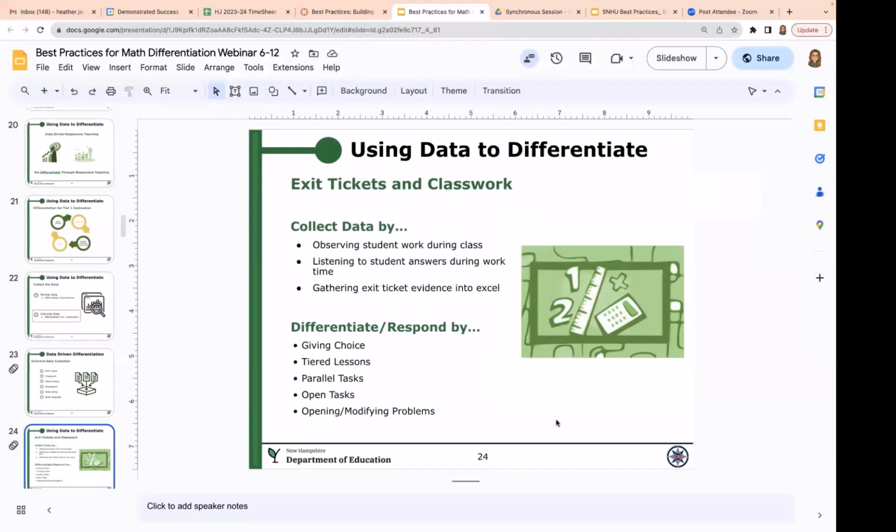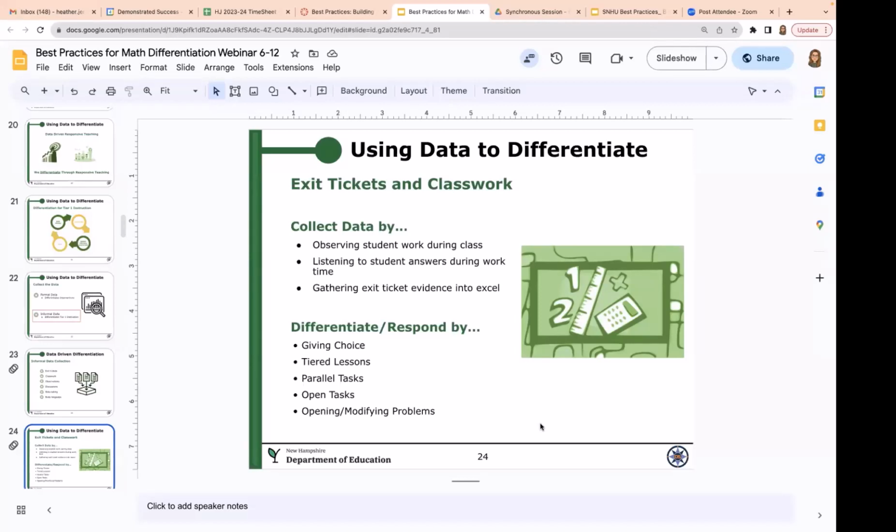Okay. So when we collect data through exit tickets and classwork, what we're doing is observing the work that students are doing, how they're solving a problem, how they're answering questions, what tools they're using.